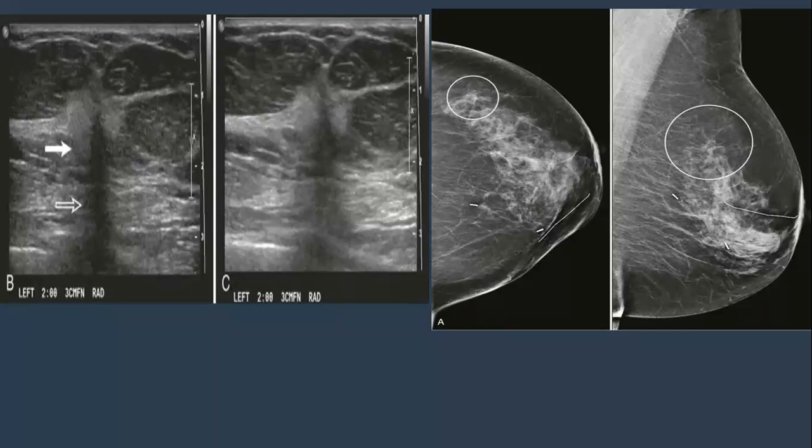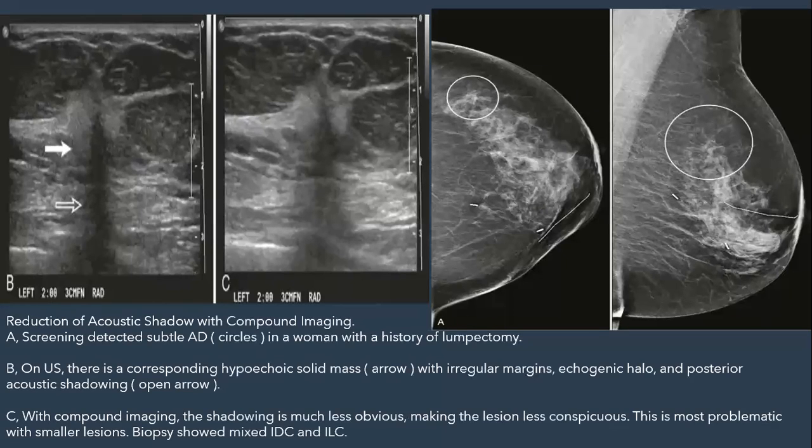Harmonics usually make it more conspicuous, but the technique that eliminates the shadowing is compound imaging. If it's a small lesion, it's difficult to visualize. Here we could see the lesion by the shadow. The lesions are not very clear, but shadowing signifies that there is an underlying lesion.